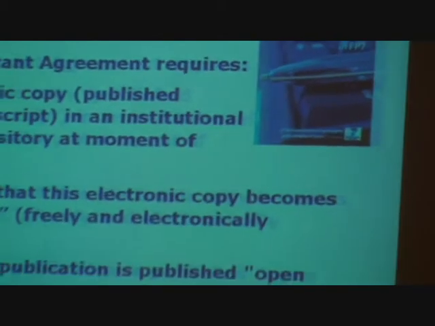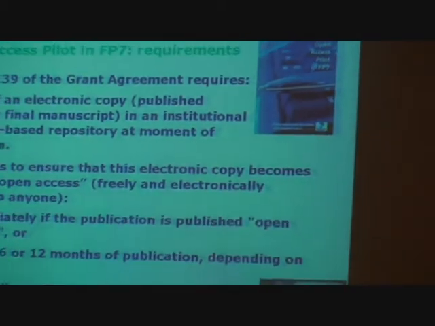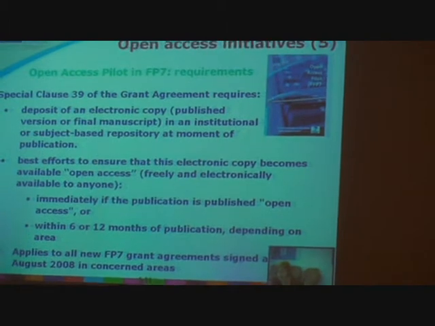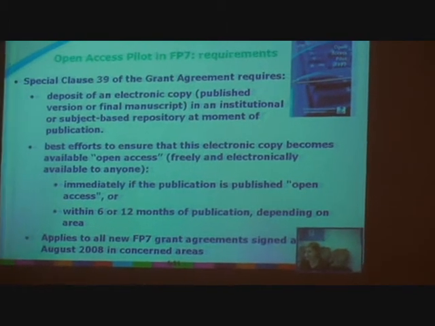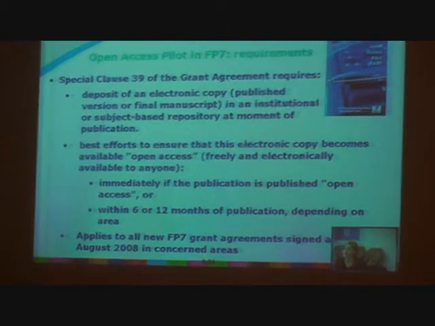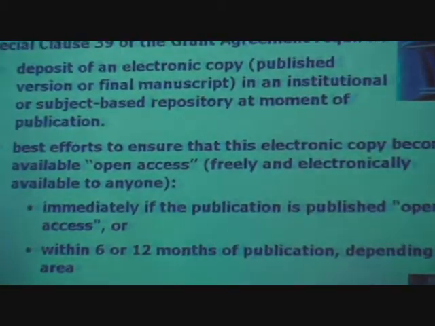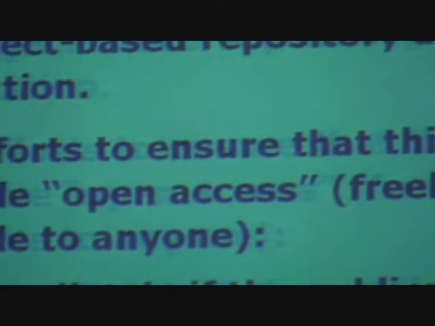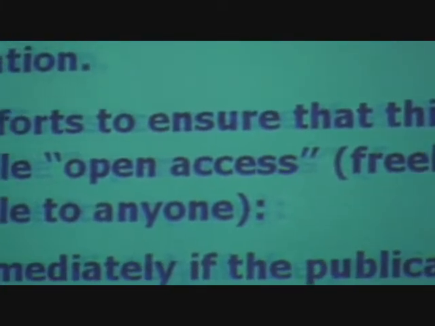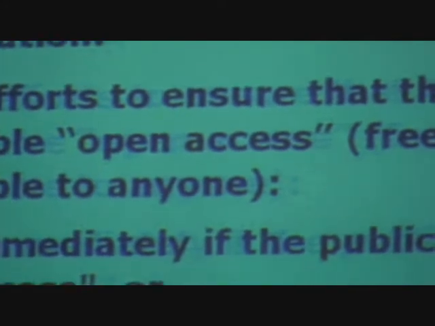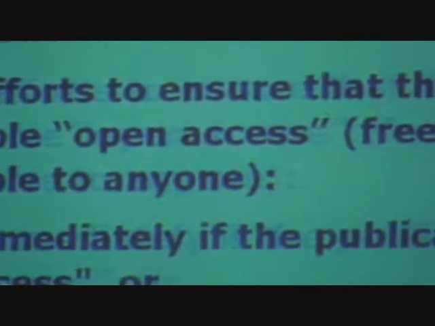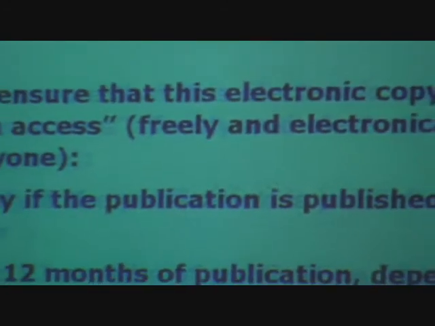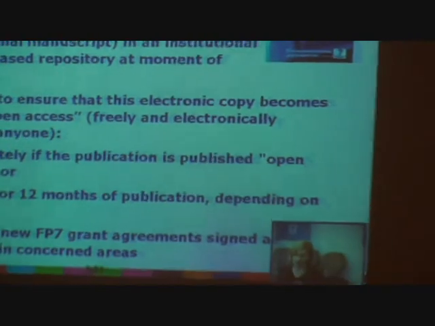Step 2 is that researchers are required to make their best efforts to ensure that this electronic copy becomes available open access, either immediately if the publication is published in gold open access, or within 6 or 12 months, depending on the research area. And this clause applies to all new FP7 grant agreements that are signed after August 2008 in the areas that I mentioned.